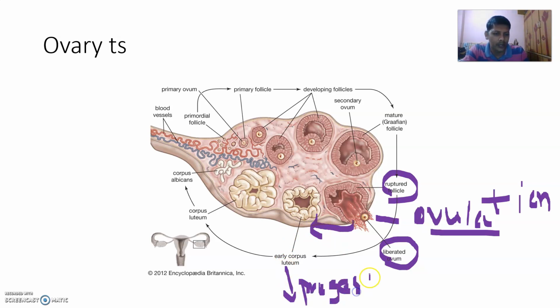There are some other hormones also, including some estrogen. Progesterone is the main steroid hormone produced by the corpus luteum.